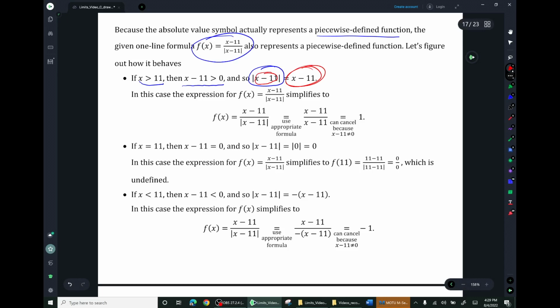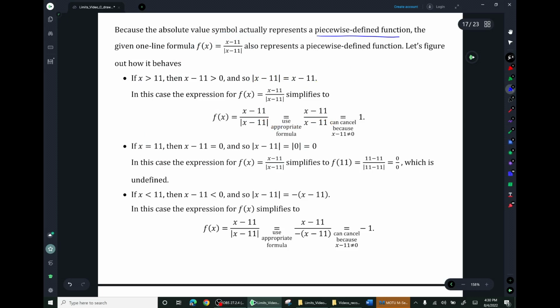So in that case, the expression for f of x would simplify. The given expression is this, but then we replace this part of the formula, absolute value of x minus 11, with just x minus 11.